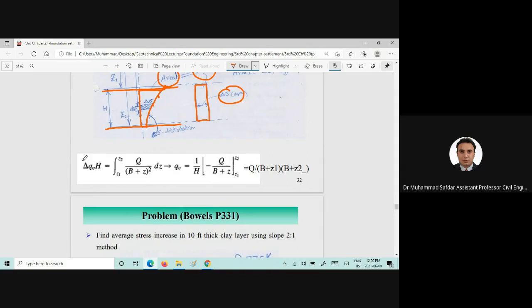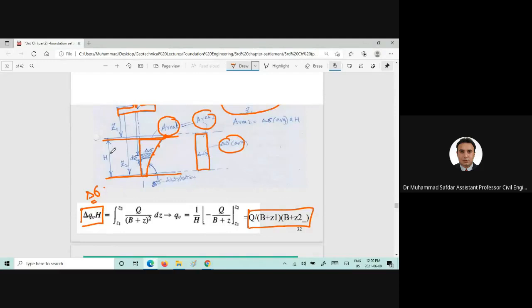But for the time being, you can note down this equation if you want to find out the delta sigma, if you know the Q, B, and Z1. Please also note down that Z1 is taken from the base of the foundation, and Z2 is also taken from the base of the foundation till the bottom of the second layer.